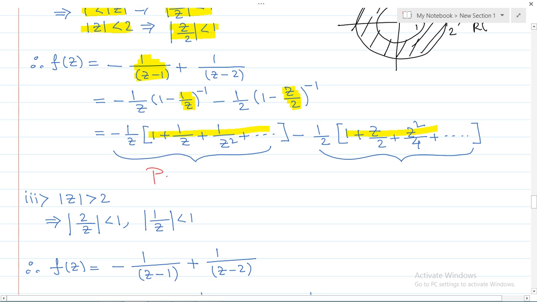So this is the principal part. This is the principal part, and here all the terms are positive, so it is the regular part. So it is the full Laurent series expansion.